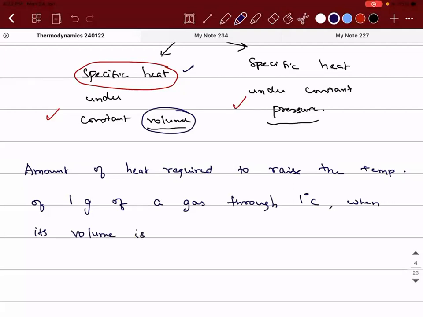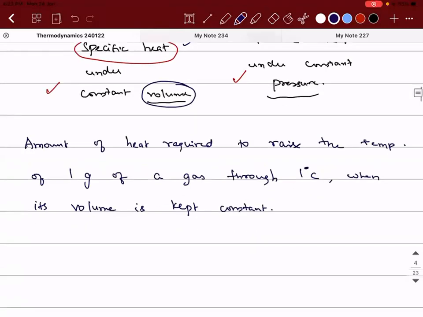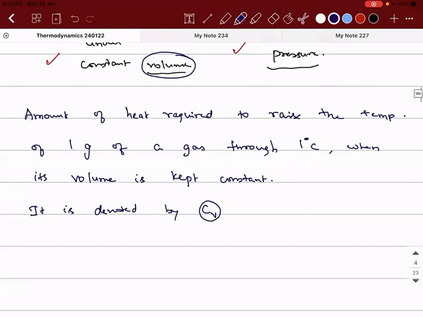Here I'm defining specific heat under constant volume for a gas. Generally, it is denoted by CV. Generally, CV is used for 1 mole of gas. I'll come to that point. Here I'm talking about 1 gram.